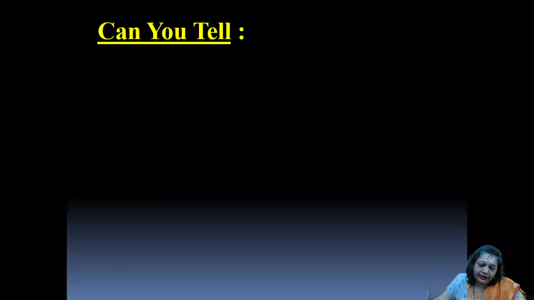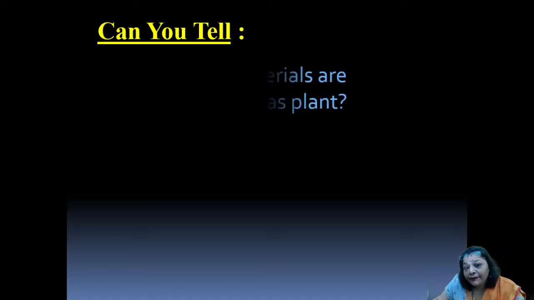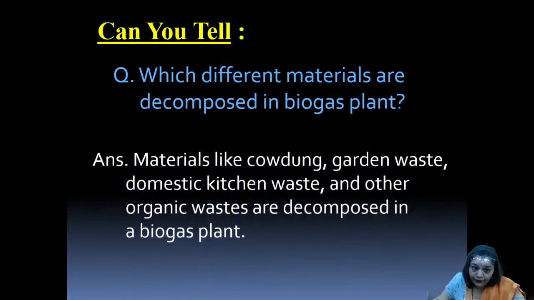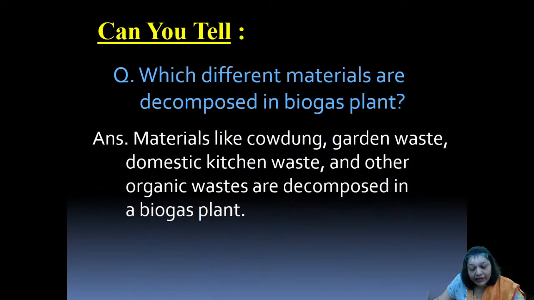Before we start, students, can you tell which different materials are decomposed in a biogas plant? Let me tell you, materials like cow dung or cattle dung, garden waste, domestic kitchen waste, and other organic waste are all decomposed in a biogas plant.